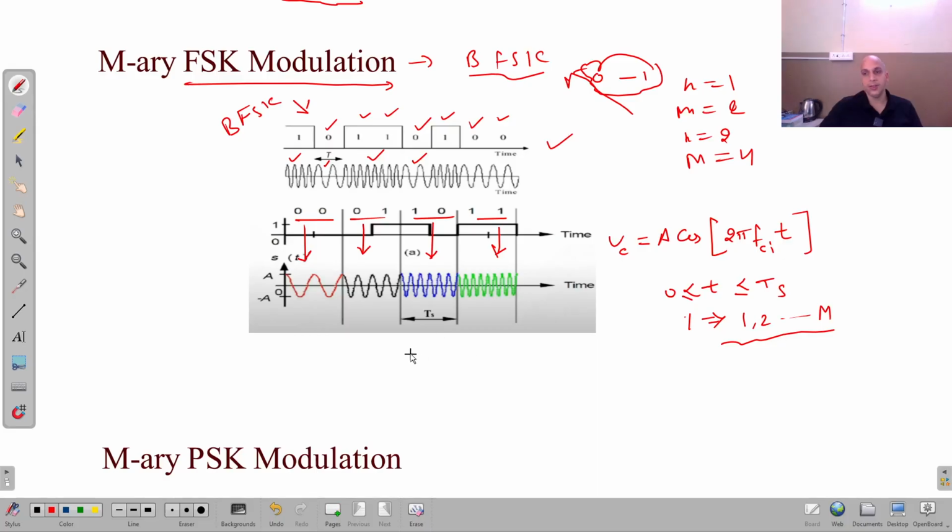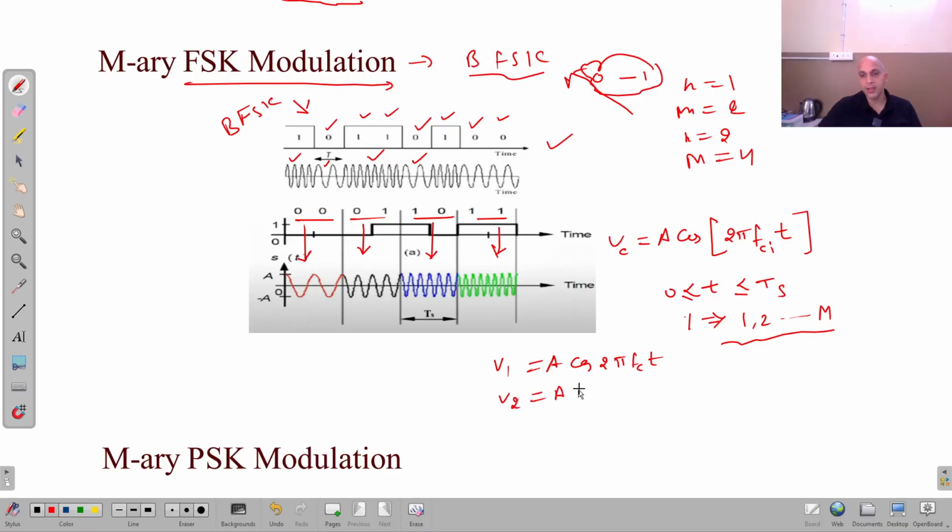If I take i equal to 1, then it will become A cos of 2 pi fc t, this is v1.